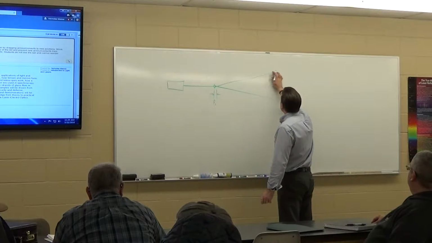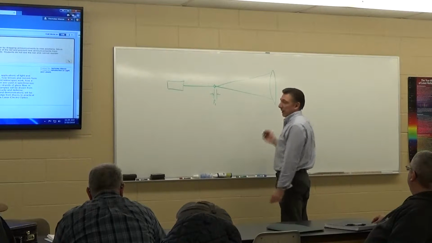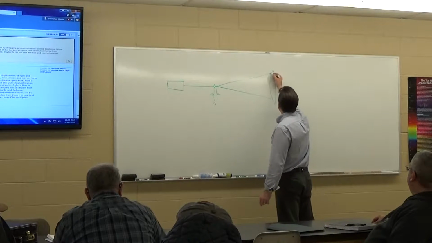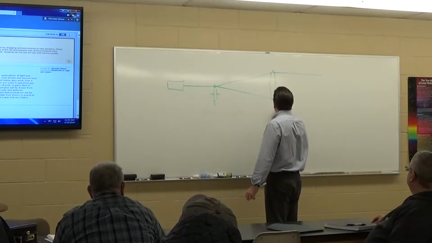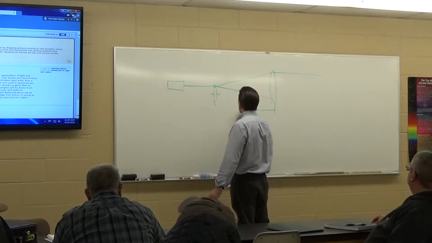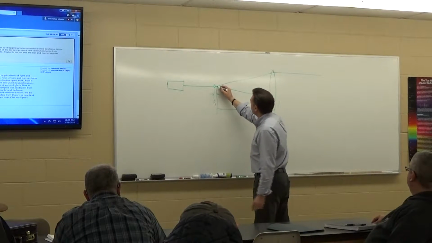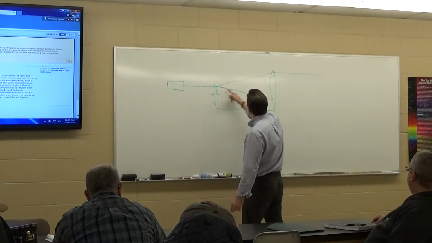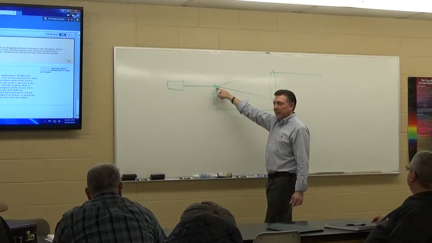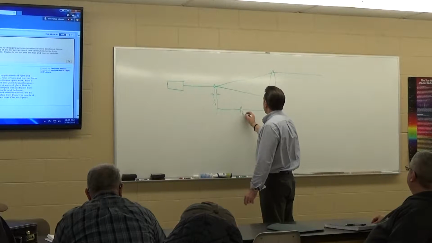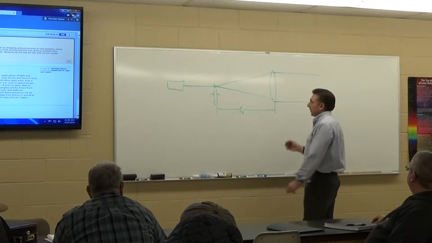The second lens is usually a larger lens, obviously because you want to expand the beam and collect the light. When the light strikes this, if the focal point of this bigger lens coincides with the focal point of the smaller lens, we call this f2, then the beam coming out of here will be collimated.